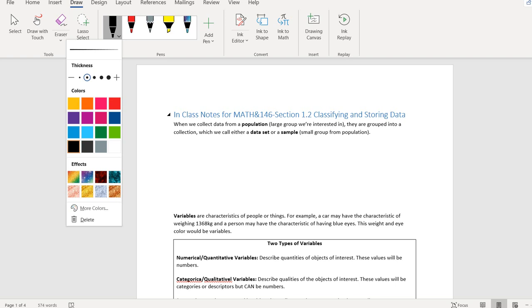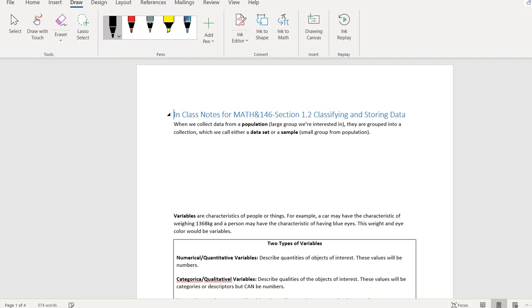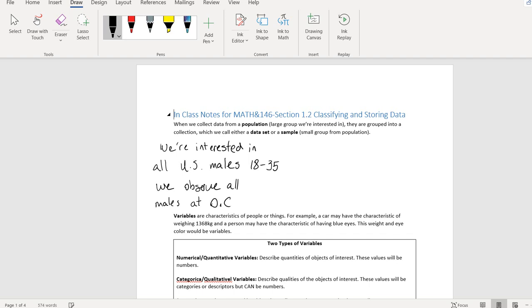So an example of this would be, let's say we're interested in all U.S. males 18 to 35, and we observe all males at Olympic College.